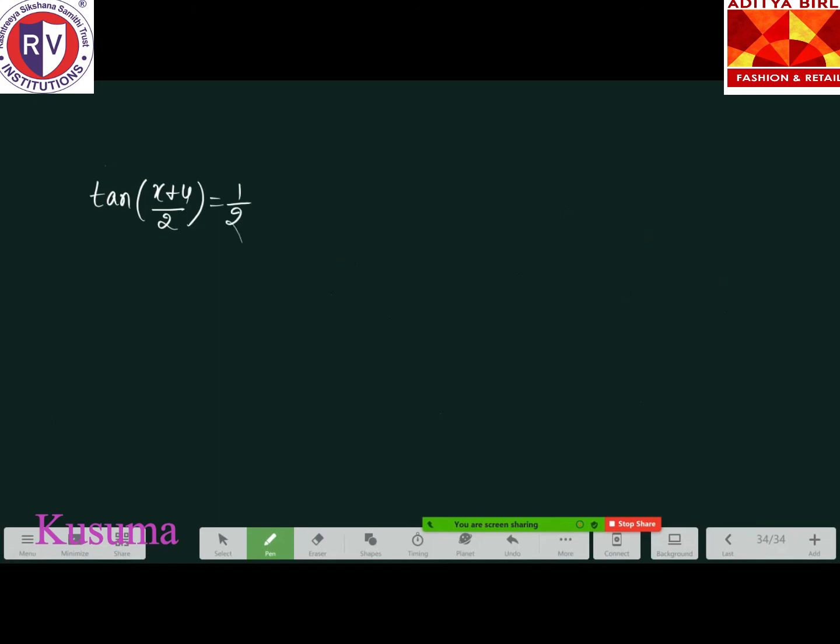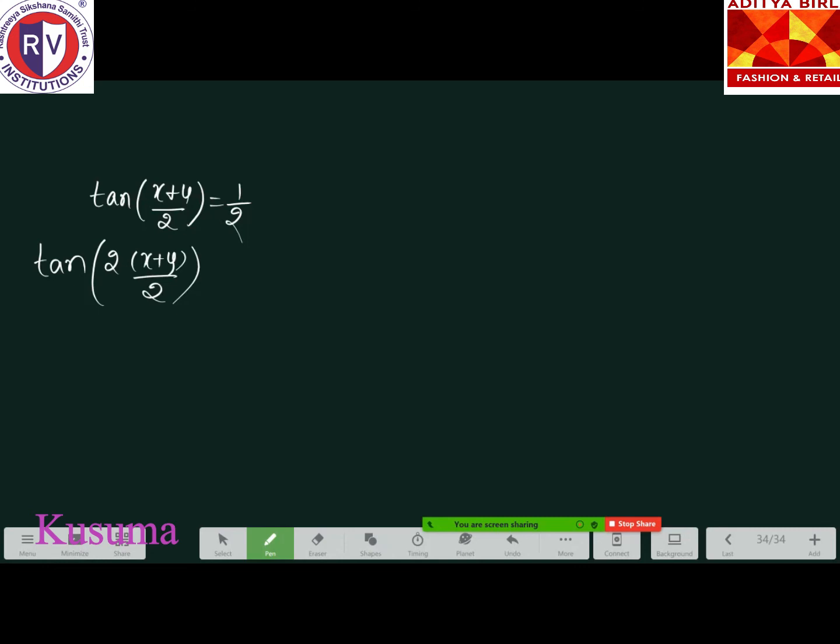Okay. Now, let us see. Let us solve this. We need just tan of x plus y. That's all. We don't need tan of x plus y by 2. So what we will do is, we will consider tan of 2a, that is 2 into x plus y by 2.